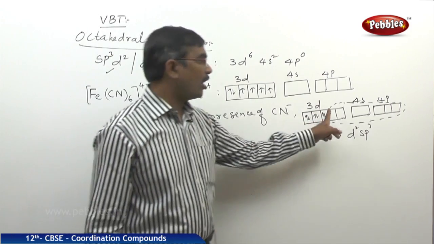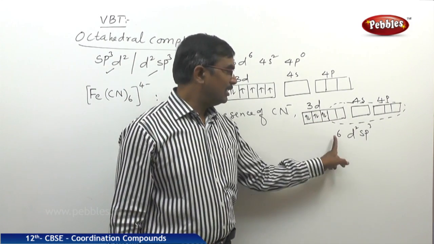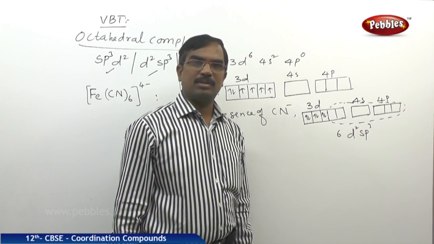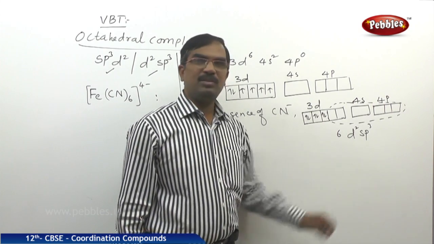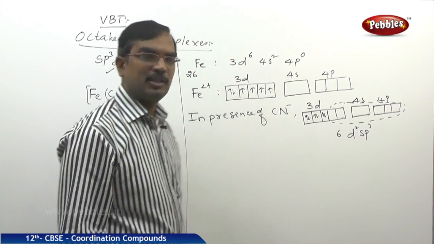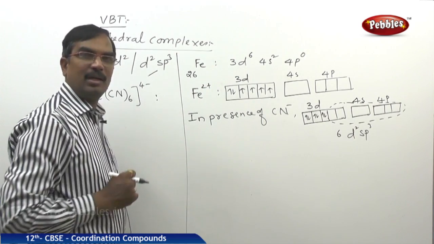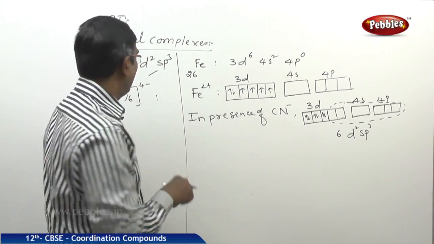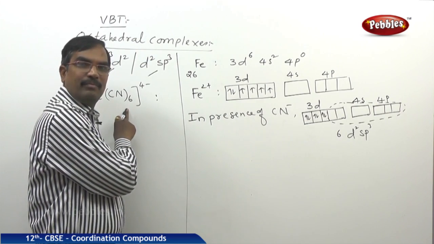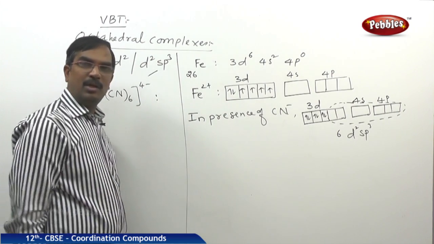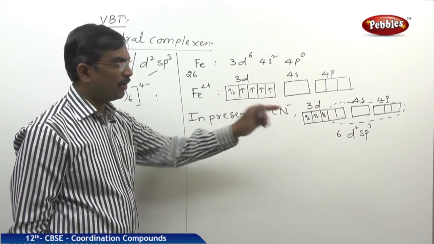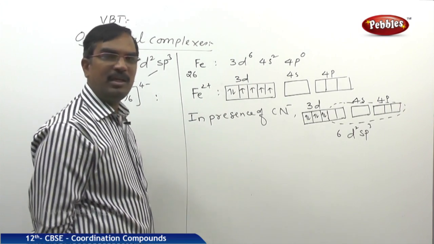So 6 atomic orbitals are involved in hybridization to give 6 hybrid orbitals of d2sp3. Once we get these hybrid orbitals, every CN minus will donate 1 electron pair to the corresponding d2sp3 orbitals.